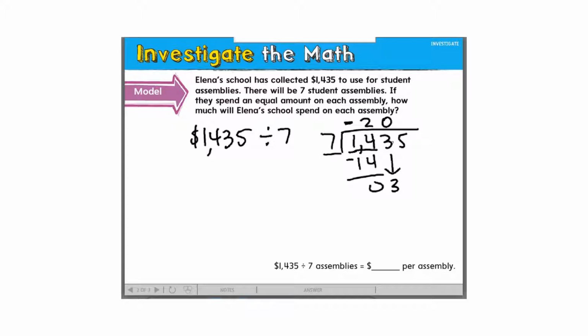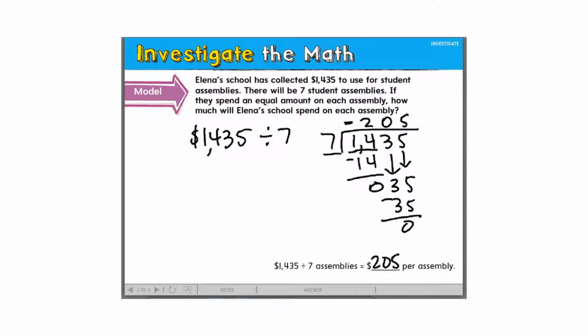It does not fit. So what I've done is taken those 10s and I've turned them into 1s. So now instead of 3 10s and 5 1s, I have 35 1s, right? So I'm going to bring down the 5. 7 goes into 35 5 times. 5 times 7 is 35. So that means they would spend a total of $205 per assembly.